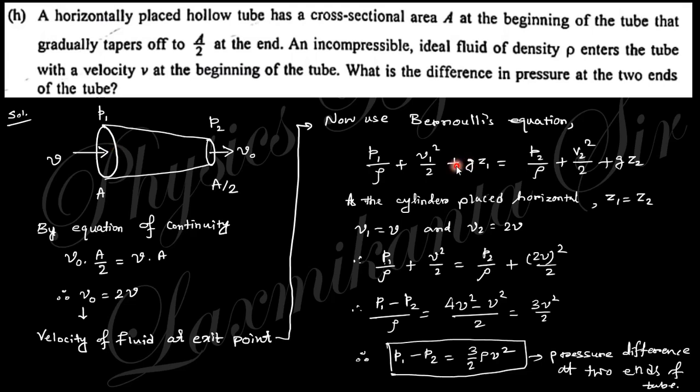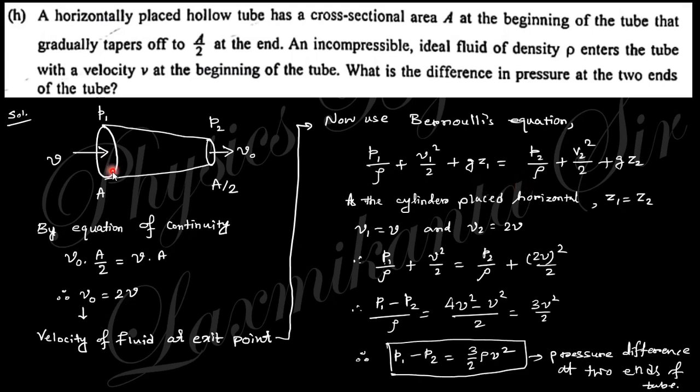Now use Bernoulli's equation, which says the summation of pressure head, velocity head and height head must be constant. That is, pressure energy, kinetic energy and potential energy summation will be constant.